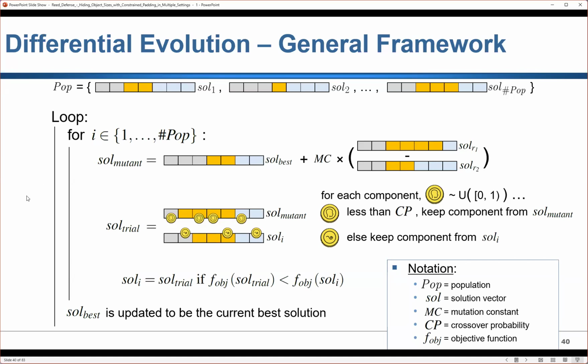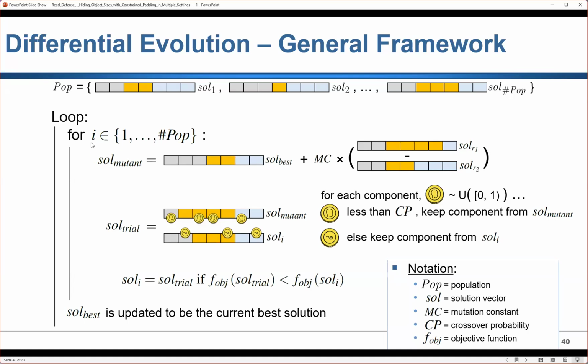And there is this outer loop here that will continue until some stopping condition. That could be either a number of iterations, or it could be the entire population has converged on a particular value for the objective function, etc. What I will focus on, though, is what happens inside this loop.